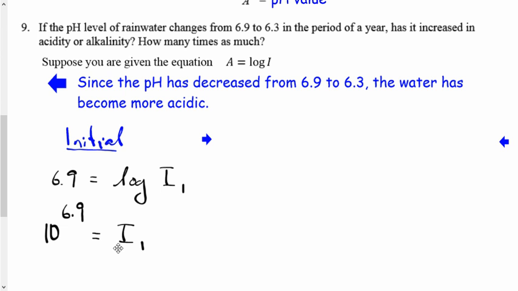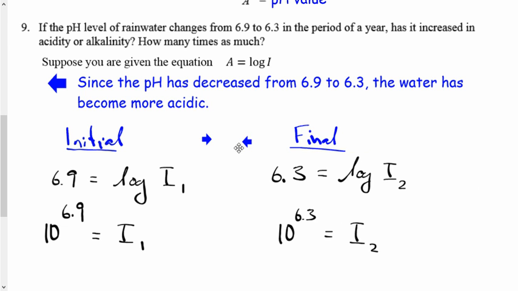My base again is 10, common logarithm when there's no base given. So I have 10 to the exponent 6.9 is equal to this hydrogen ion concentration. Similarly, at the end of the year, my pH number has changed. Again, as I rewrite this in exponential form, I get 10 to the 6.3 is equal to I2.